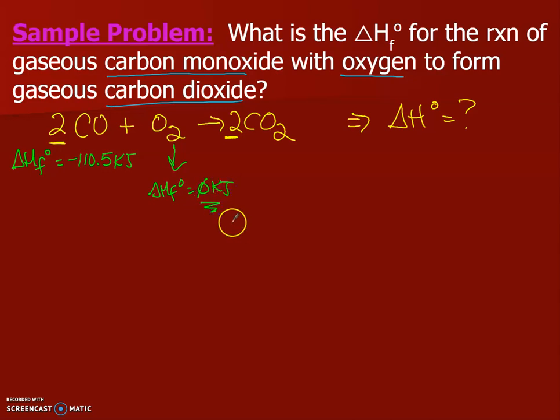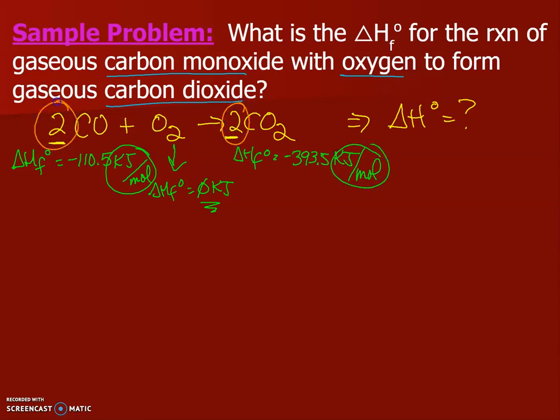Nature already made it. I don't got to make any more. And for CO2, the delta H of formation is going to be negative 393.5 kilojoules. Let's not sell the unit short because it's kilojoules per mole. So if we have 2 moles here and 2 moles there, we have to account for that.